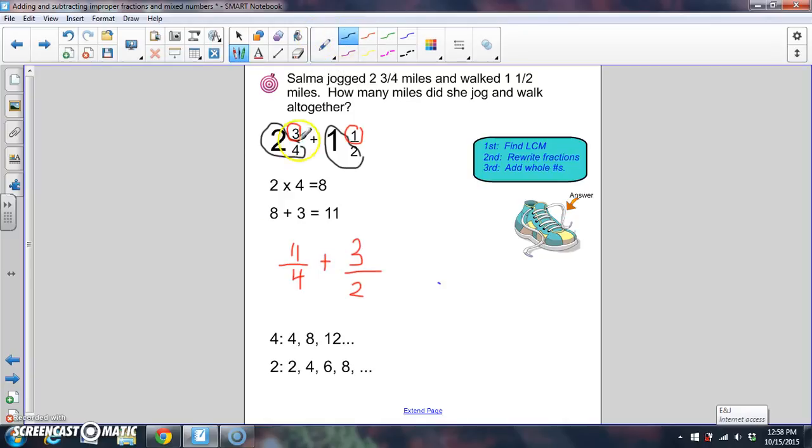Now we're back to adding improper fractions. Our numerators are larger than our denominators. So we've already identified that 4 is the least common multiple. So let's go ahead and rewrite this with 4's in the denominator.